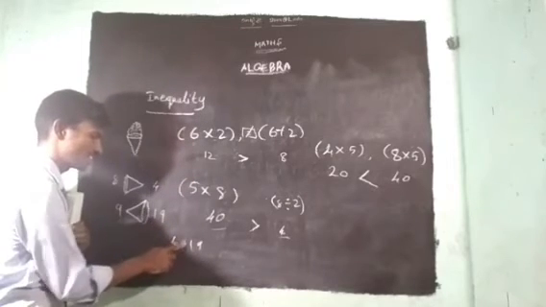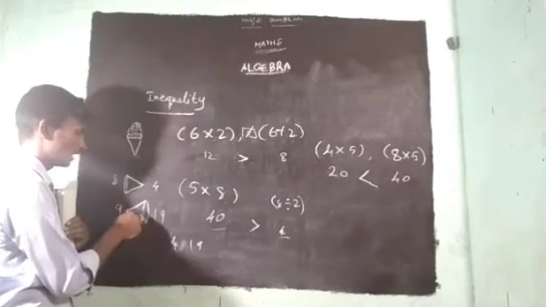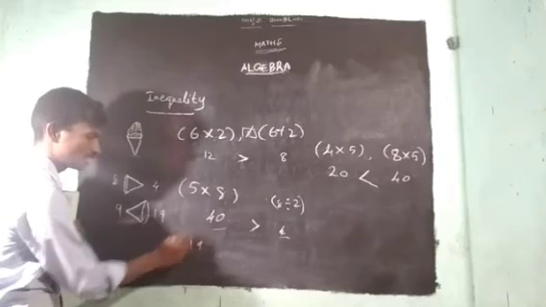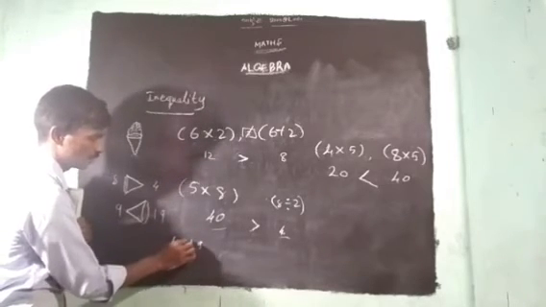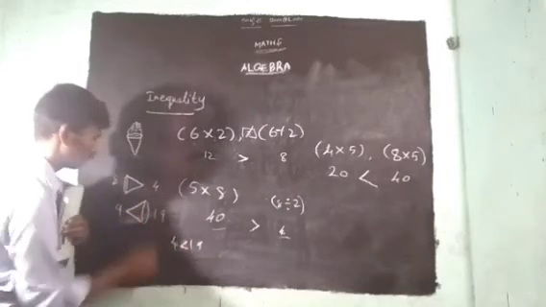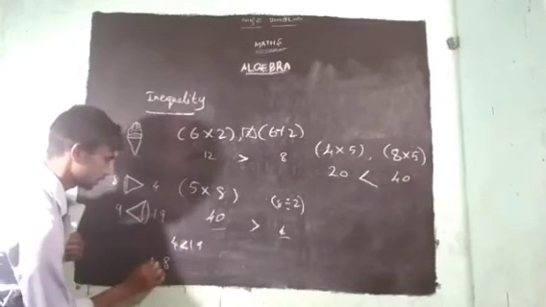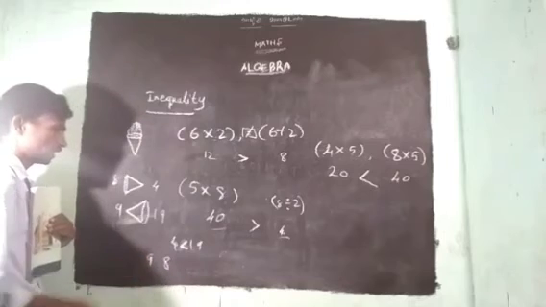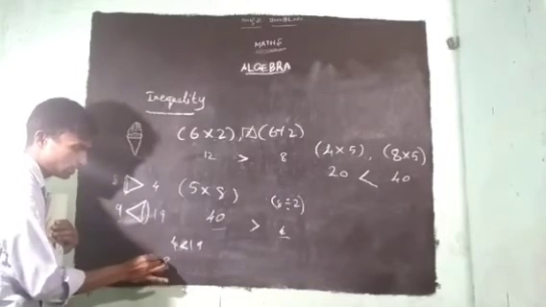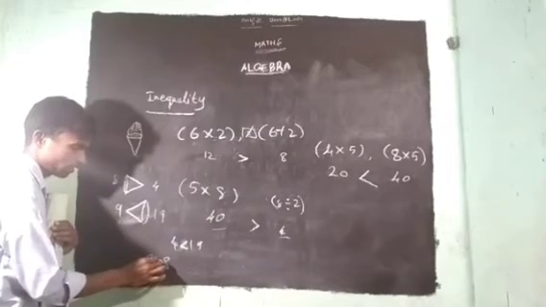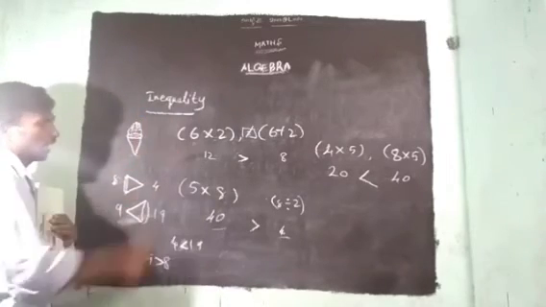No, because it is the greater value. This side is the greater value, no? So we need to put like this. Look here, 8, 9. Which one is greater here? 9. So we need to put like this. This is called an inequality.